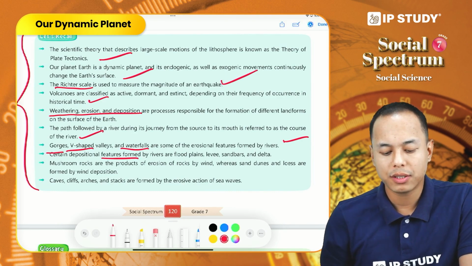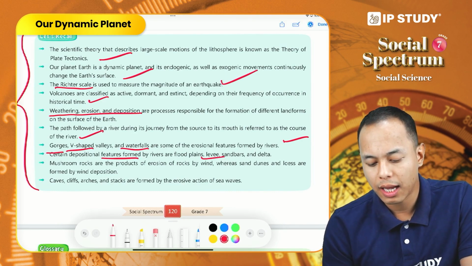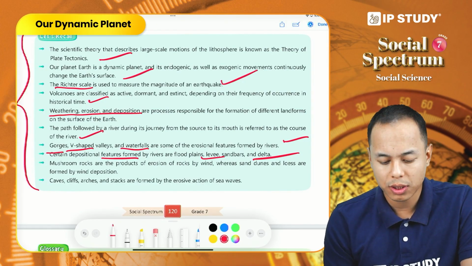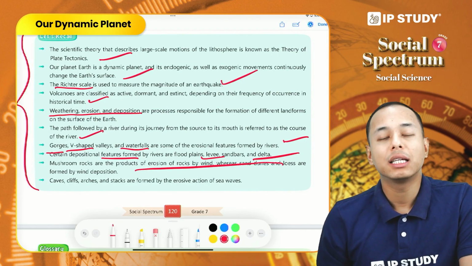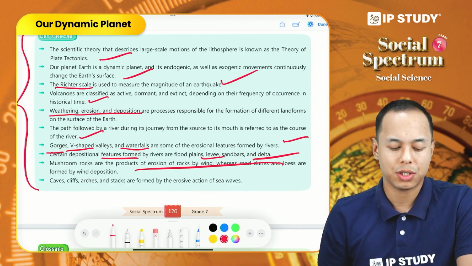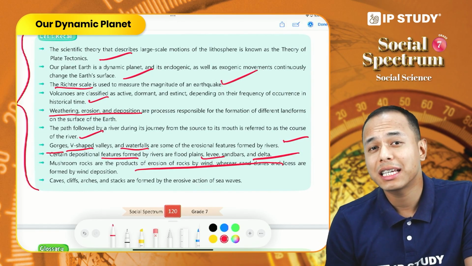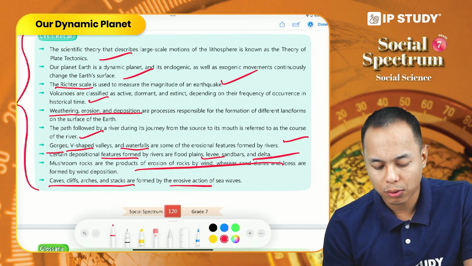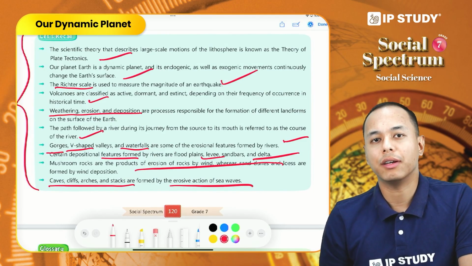Certain depositional features are floodplain, levee, delta. Mushroom rocks are a product of wind erosion, whereas sand dunes and loess are the result of wind deposition. Caves, cliffs, arcs and stacks are formed by the erosional action of sea waves.